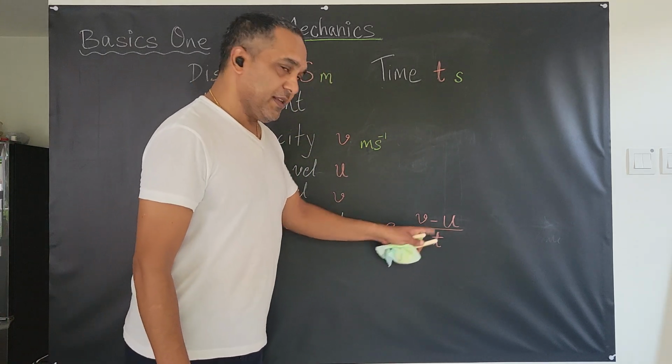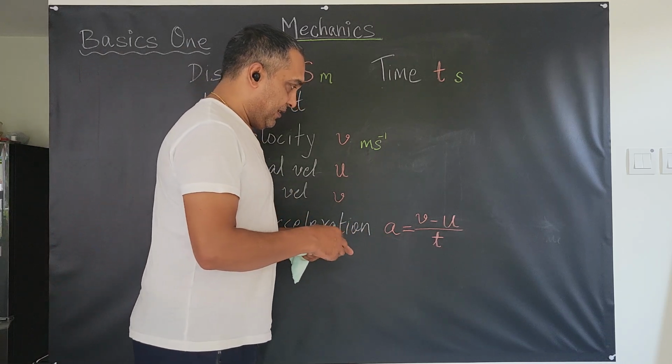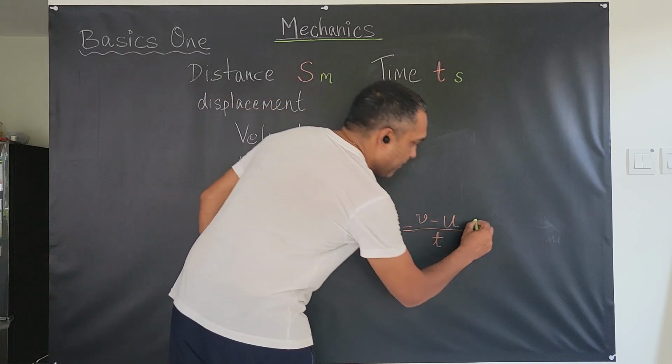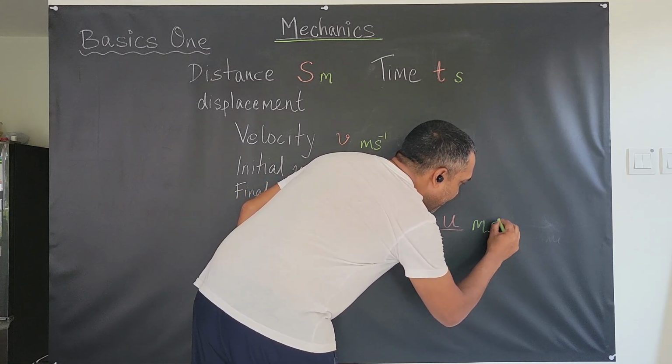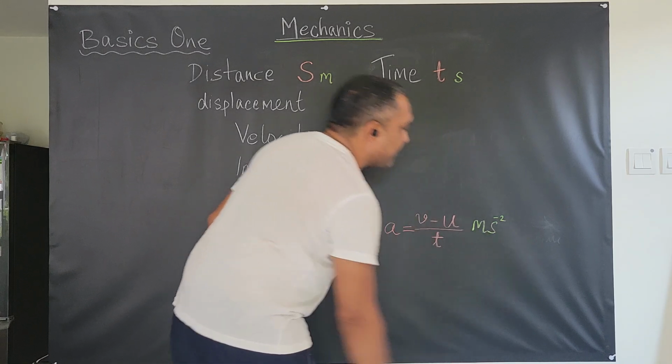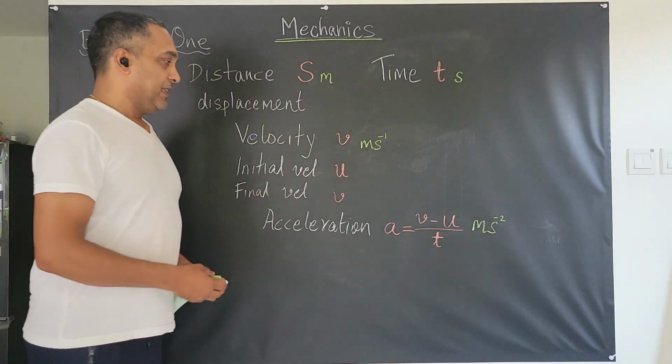And if velocity is meters per second, time is in seconds, that would give acceleration the unit of meters per second squared. Something important to remember, right?